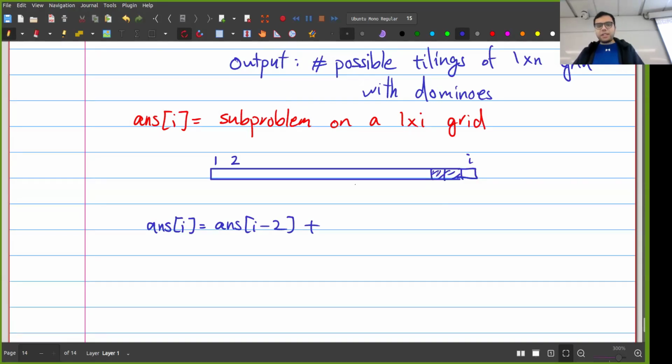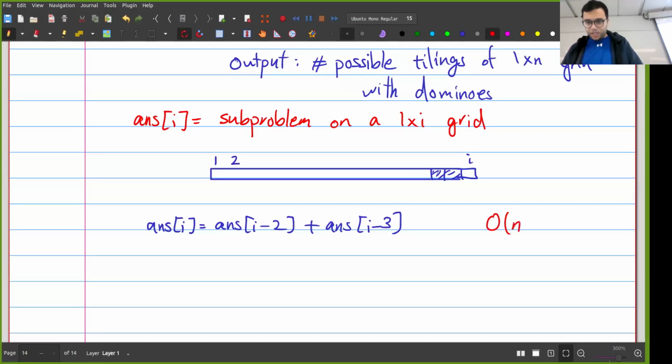So I have I minus 3 remaining places. So this is ans of I minus 3. And again, you can do the base cases on your own. Just do 1, 2, and 3. Make sure you do at least 3 base cases because you need this to work. Okay, so this was simple, and we can calculate it in O(n).